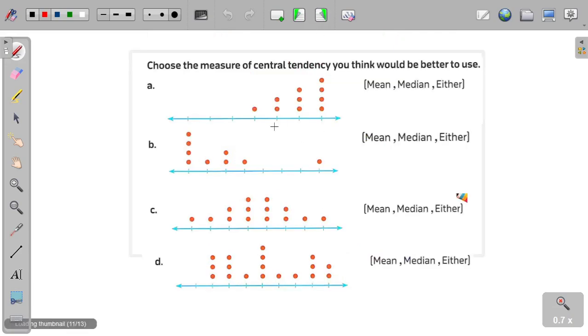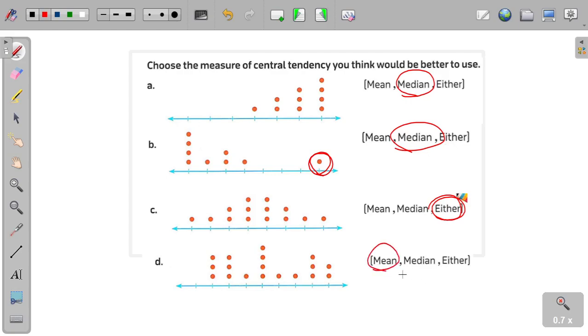So here I have one side, so I will choose the median. Here I have an outlier, and I told you if you have an outlier, the median is better, so I will choose the median. Here I think we have a symmetrical shape, so I will choose either, because we can use the mean or the median. Next I have a distribution evenly on the two sides, so I think the mean will be the better way.